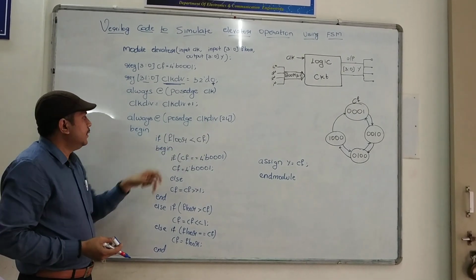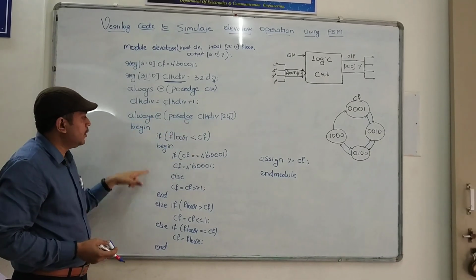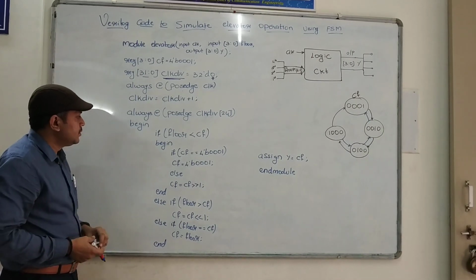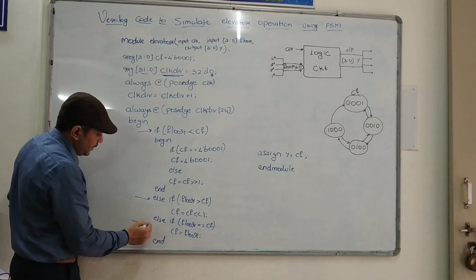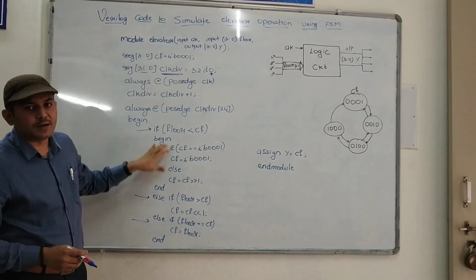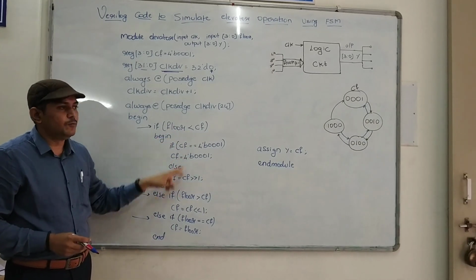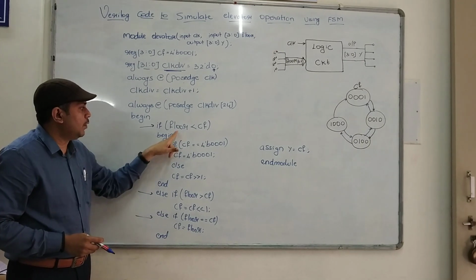So instead of clock, I will be using clock_div as my new clock. For every positive edge of the clock_div, all this operation takes place. Now let's understand what these operations are. There are 3 if statements here: one if, else if, and else if. Here 3 operations are there, which I am checking in order to move the floors from bottom to top or top to bottom, depending on the input.